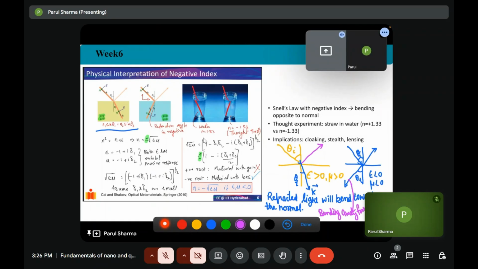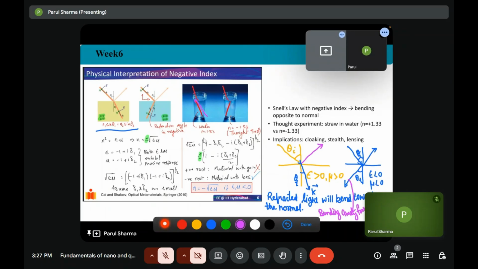There is one experiment showing this. If we have some liquid medium and you drop a pencil or a straw in the medium with positive index, like if I'm considering water, where epsilon and mu are greater than 0, then the light will bend like this.